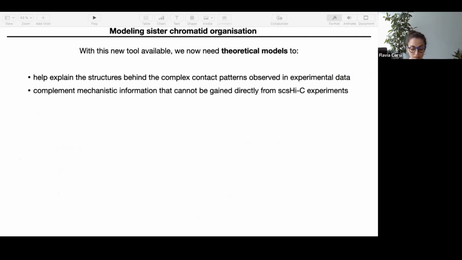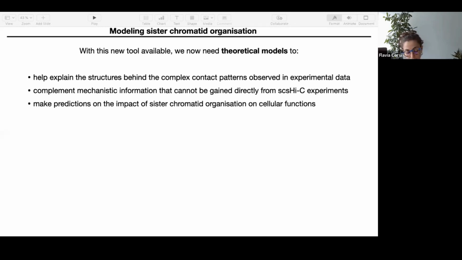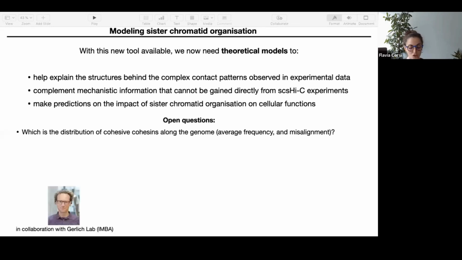A theoretical model will also complement experimental data, giving mechanistic information that cannot be gained experimentally, so giving insight about dynamical mechanisms, and also make predictions on the impact of sister chromatid organization on essential cellular functions, for example DNA repair or transcription. So what we really want to address with the theoretical model that we are trying to develop is the distribution of these cohesive rings along the genome, specifically characterizing the system in terms of average frequency and misalignment.